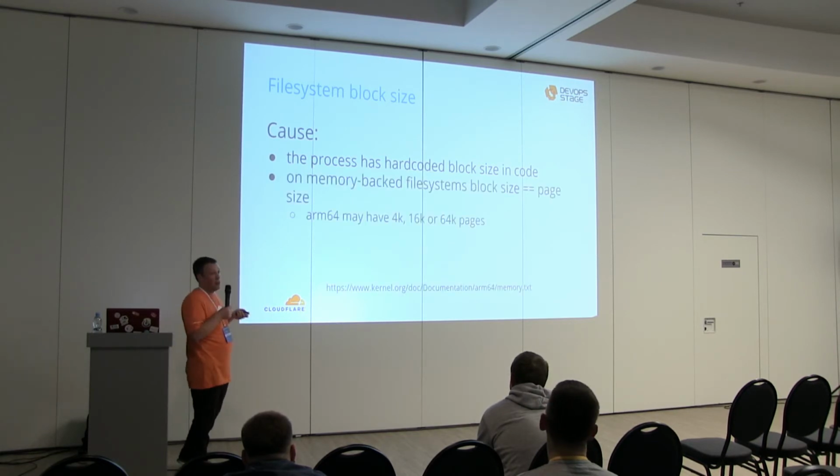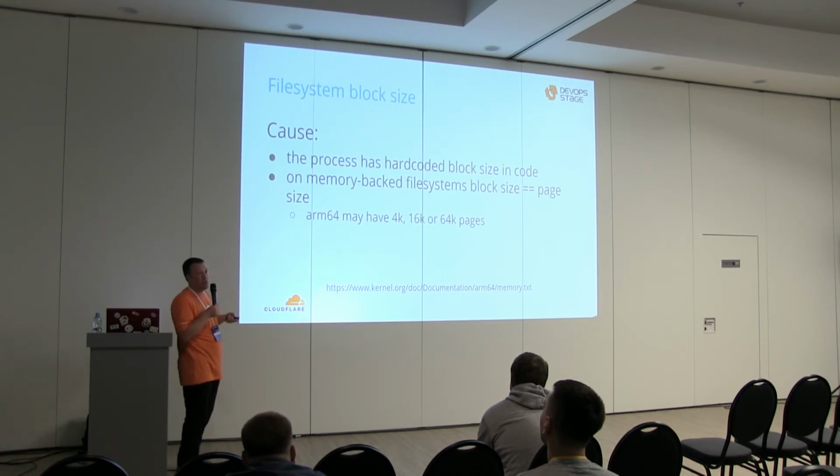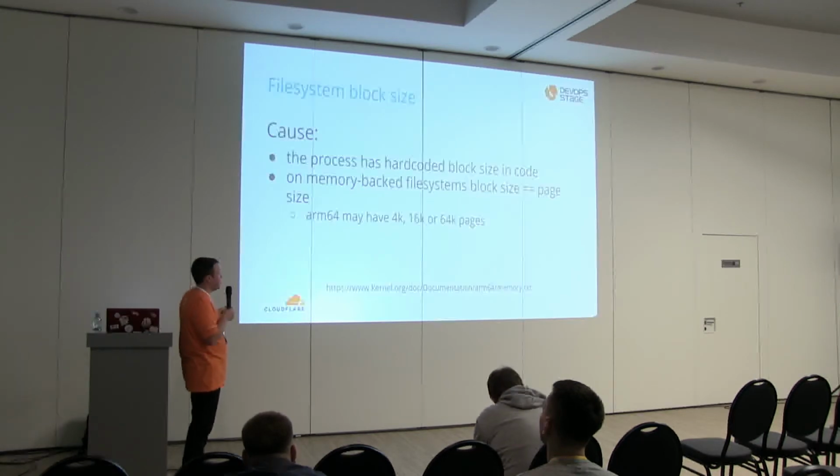But if you remember our discussion about page size, on a memory-backed file system, your file system block size equals the RAM page size, and we run on ARM64 with a 16K page operating system. So we had this scenario.